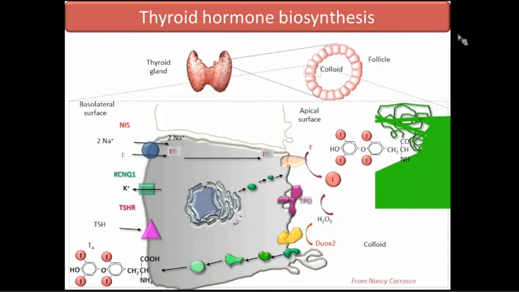For this to happen, the iodine needs to traverse the apical surface, get oxidized through peroxide that is generated by these dual oxidase enzymes. And then thyroid peroxidase catalyzes the incorporation of this iodine into tyrosine residues of thyroglobulin. These then get re-imported into the cell and eventually secreted into the circulation.